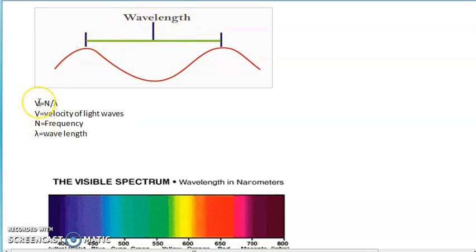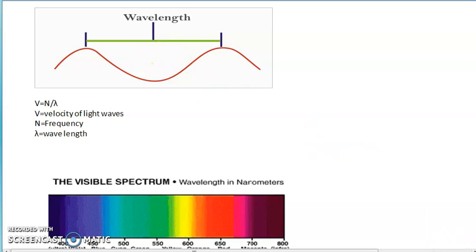As we have read in previous classes, frequency times wavelength gives you the velocity of the light wave. So is this velocity inversely proportional to wavelength or not? Yes. If the wavelength is more, the velocity will be less. If the velocity is more, the wavelength will be very less.